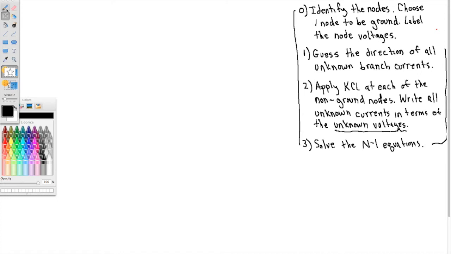All right, so let me give you another example. We'll start with, again, current sources, because we're not looking at voltage sources at this time.